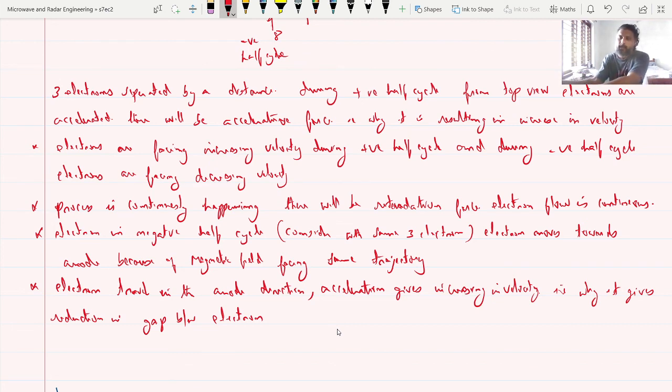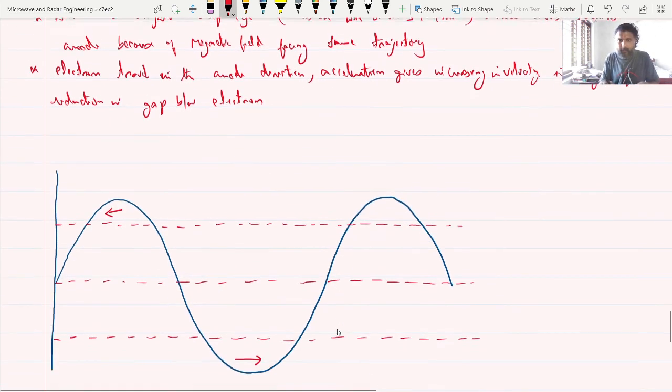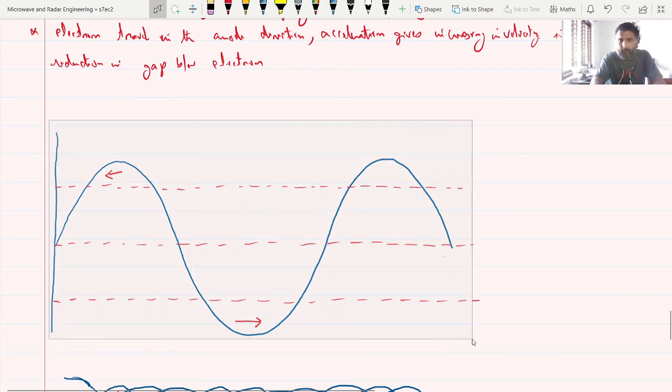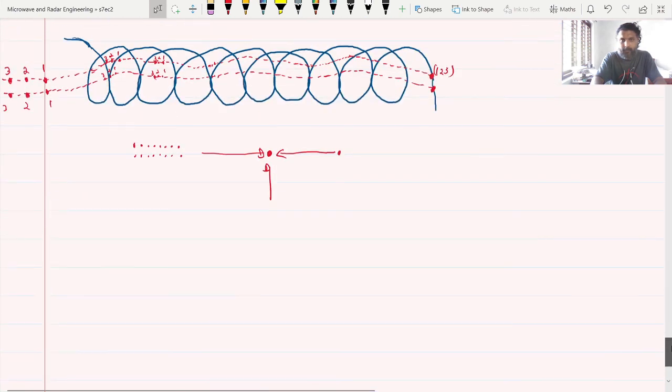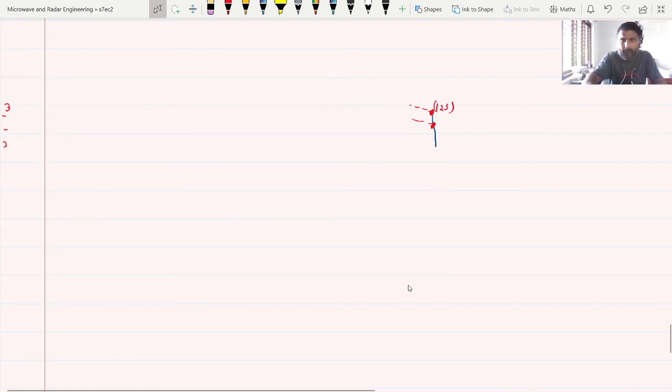So because of that, what happens? The path, I will bring this again down. One minute, I will just delete this one. I think this figure I have explained just now.